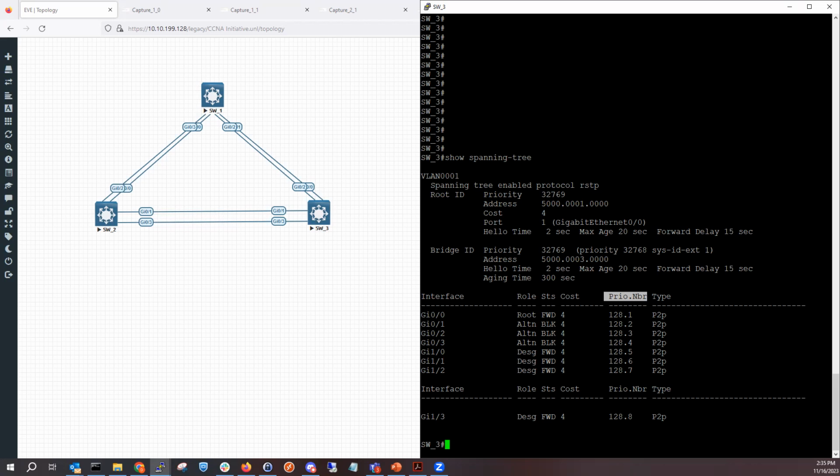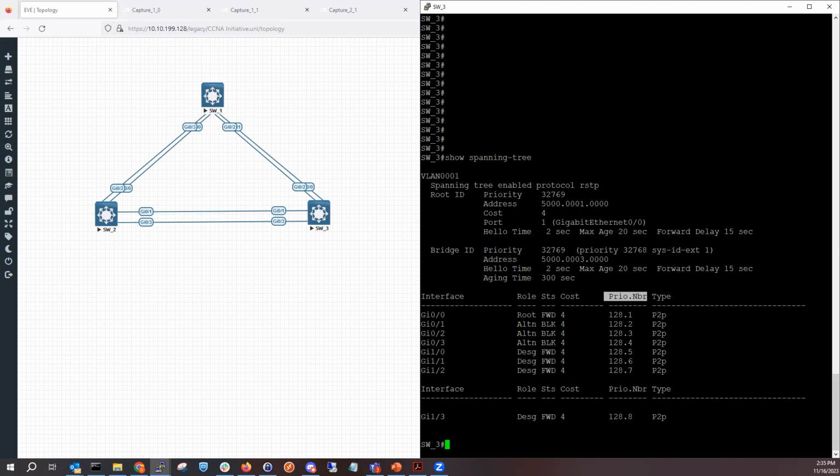And that is the reason why internally the switch said, hey, you have a lower priority number. We've learned the bridge ID the same way, but you have a lower priority number, so I'm going to use gigabit 0/0. So I'm going to set gigabit 0/2 into a blocking state. It's going to be an alternate, just in case I need a backup, because gigabit 0/2 lost the tiebreaker.